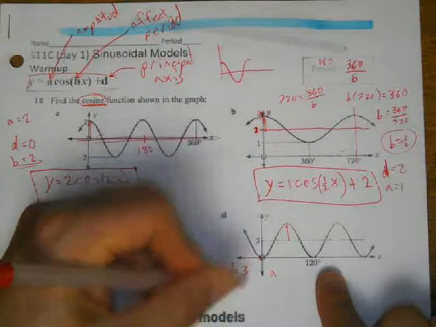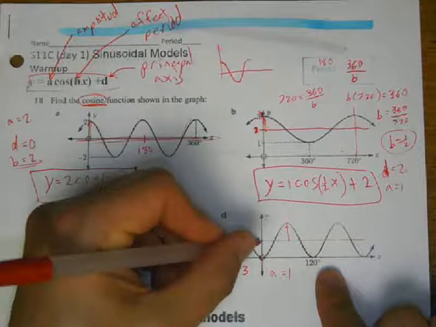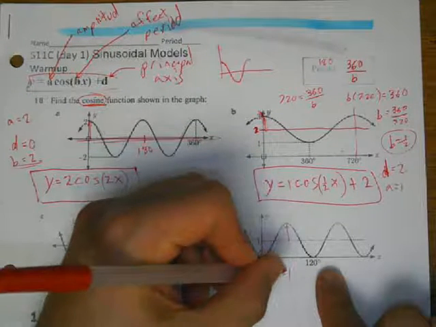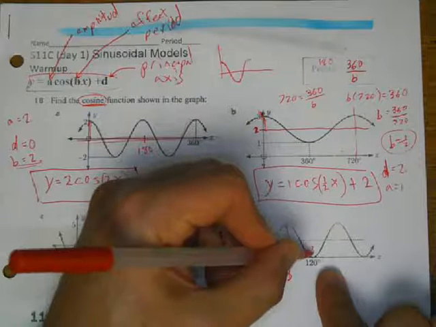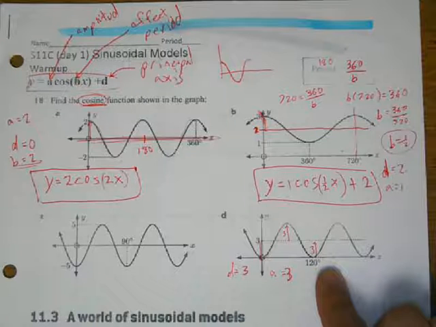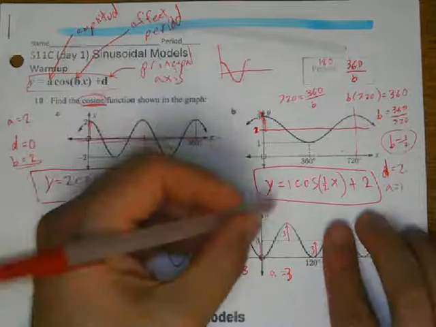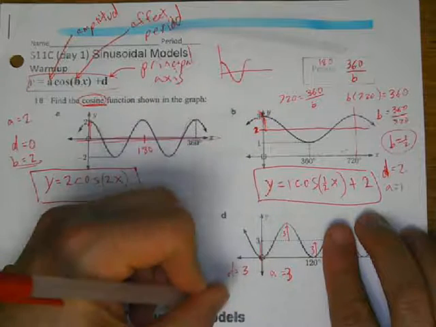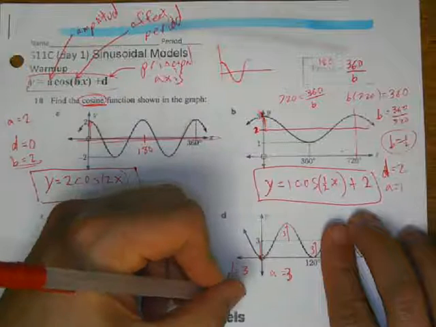So my amplitude is equal to 3, right? Because the distance from here to here is 3, and from here to here is 3. Okay, and then the period. It does a full cycle from 0 to 120. So the period equals 120.